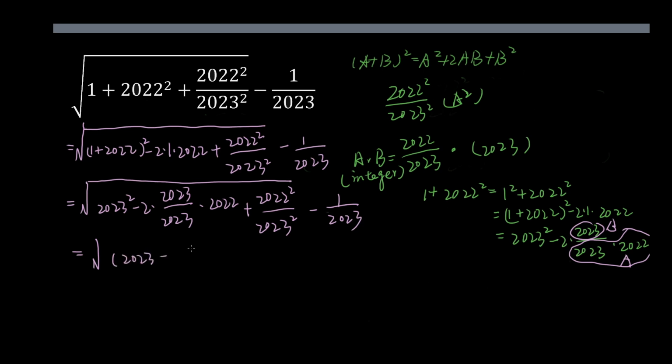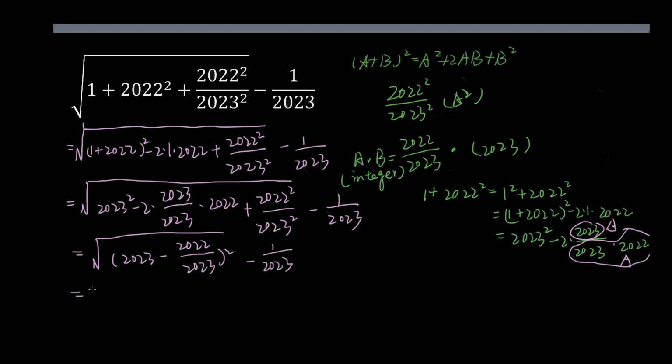That is the square root of 2023 minus 2022 over 2023 whole squared minus 1 over 2023.